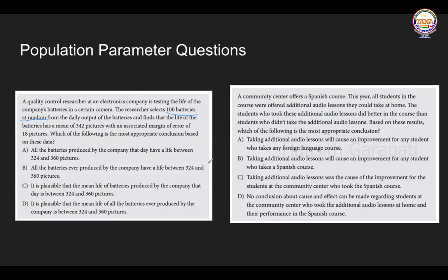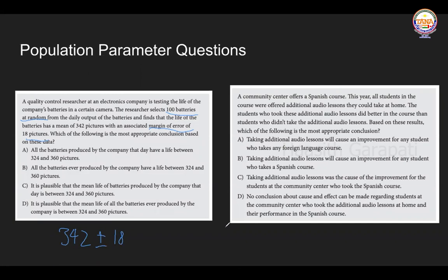He is doing it from the daily output of batteries and finds that the life of the batteries has a mean of 342 pictures with an associated margin of error of 18 pictures. Which of the following is the most appropriate conclusion? The way margin of error is used here, it says a margin of error of 18. So on average, the battery life is going to be 342 pictures, and it's going to fluctuate by an increase of 18 or a decrease of 18.